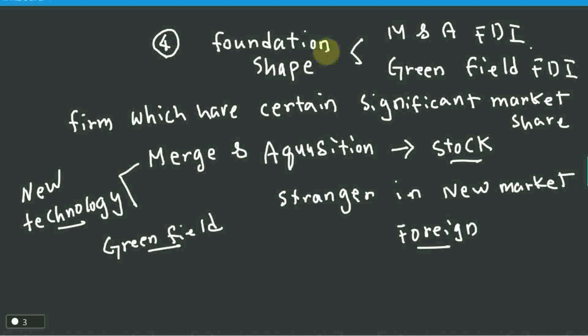So as you merge by purchasing stock in the stock market, you can easily learn technology and you can easily explore the existing market. So this way is usually adopted once you run into a new market. Merger and acquisition is one way, and greenfield I just told you.